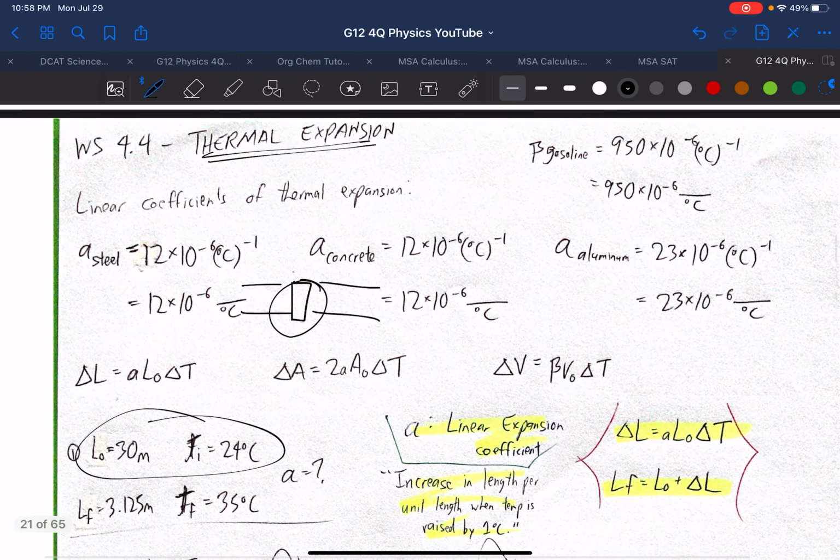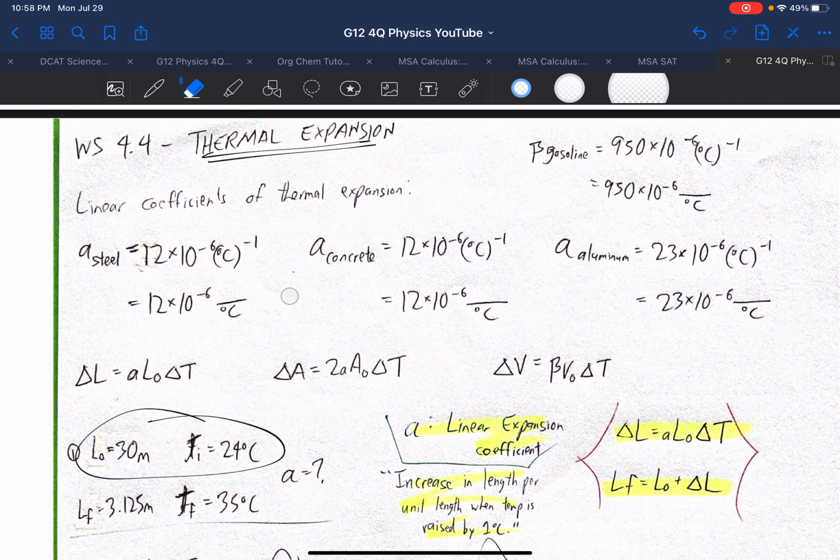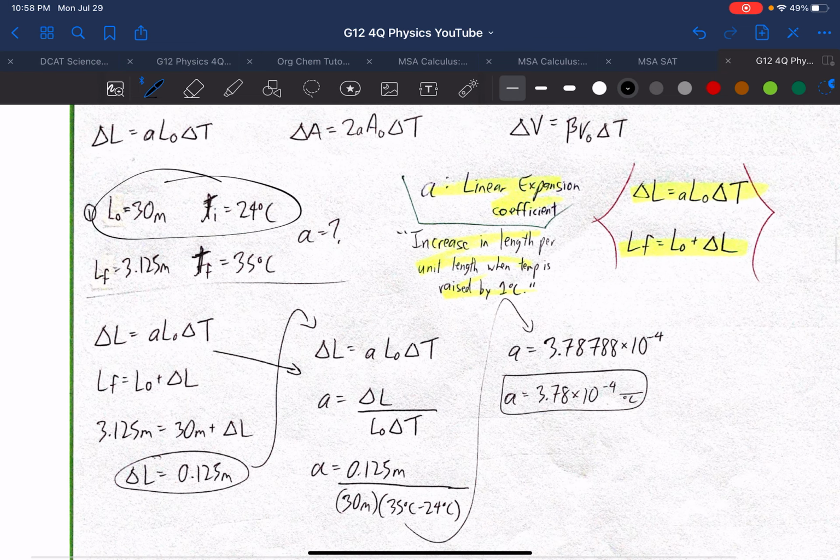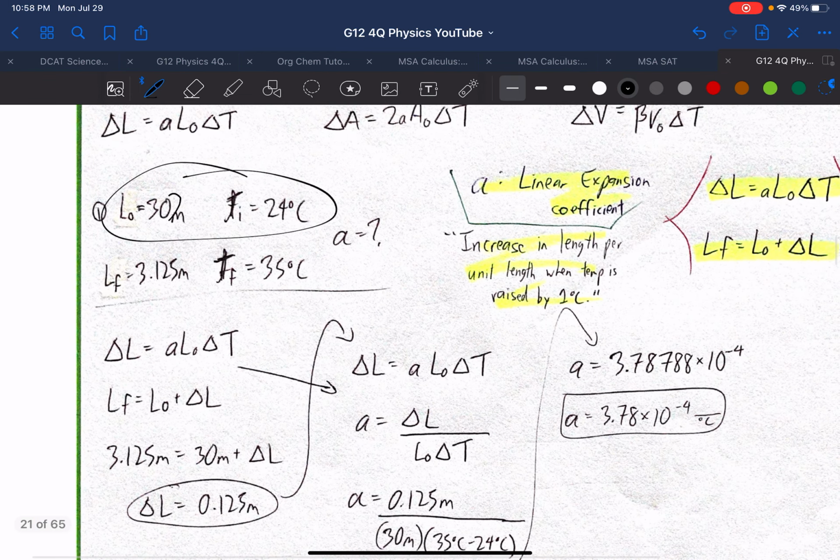Sorry. But yeah, that's basically it. The initial length of a certain object is 30 meters, and the final length is 3.125. What increased? This is actually legit.